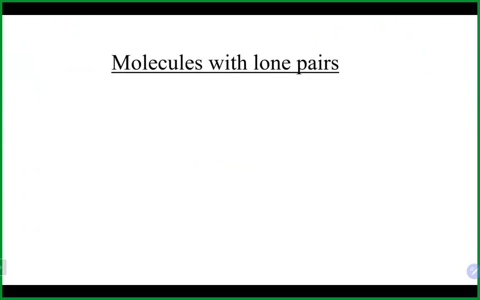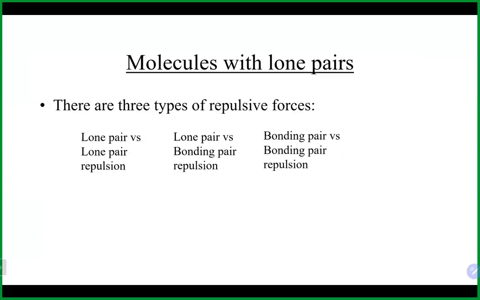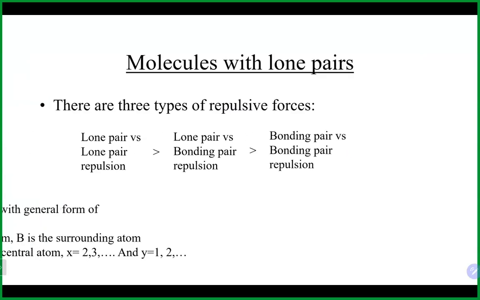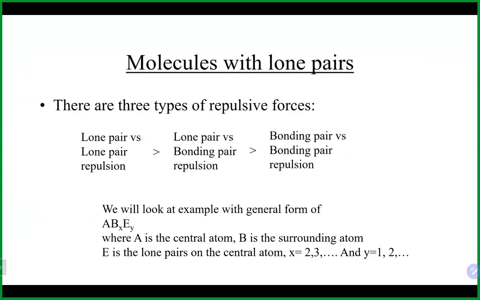So let's take a look at what's happening here. When we get electrons near each other, there's a good and bad sort of situation. The best situation in terms of repulsion is where we have bonding electrons near bonding, so lines near lines on your Lewis structure. The next best thing, which gets a little worse, is when we got non-bonding electrons near bonding, so dots near lines, if you will.